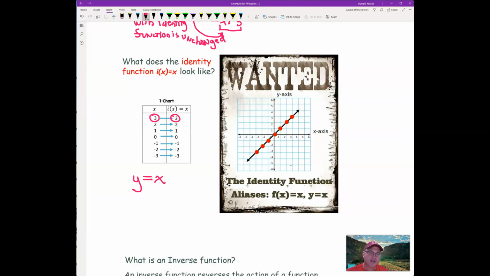That's what the identity function is. The identity function also goes by a couple aliases, f of x equals x or y equals x. So that's what the identity function looks like.